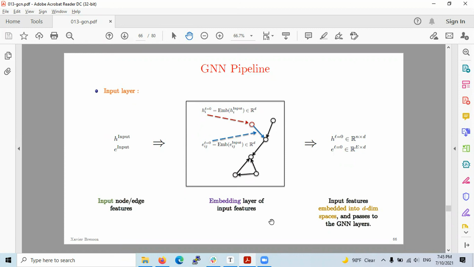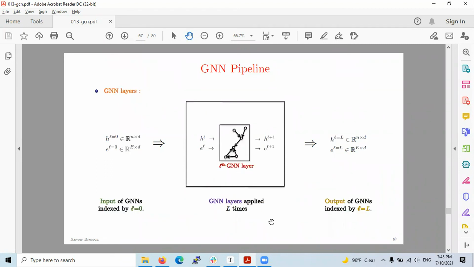This is something I can relate to from NLP type applications, where we convert text with an embedding layer into features. Then you have the GNN layers, wherein you take the feature vector found previously and apply the GNN layers L times, and effectively you get the output feature vector, again of size n by d.